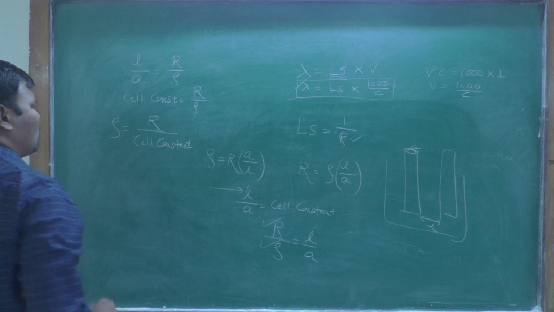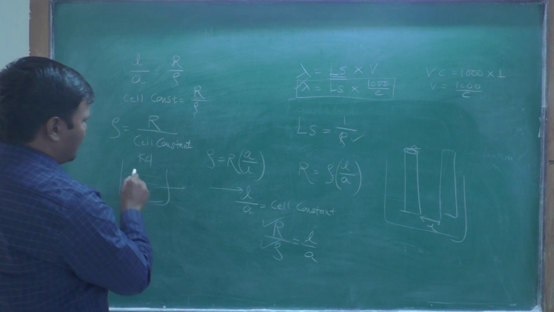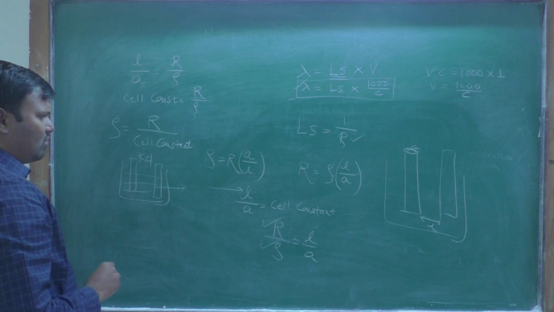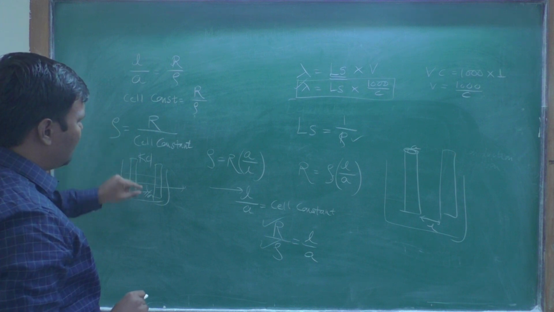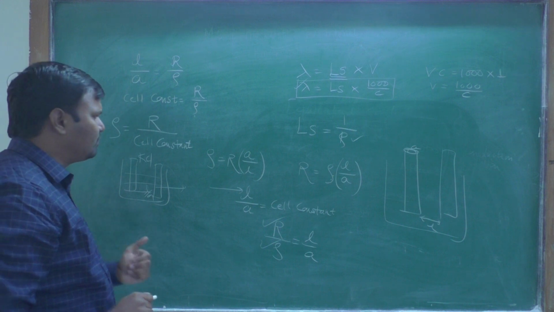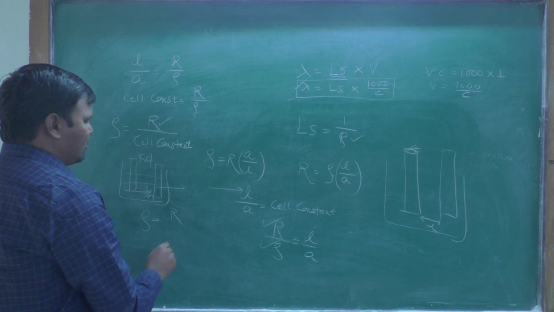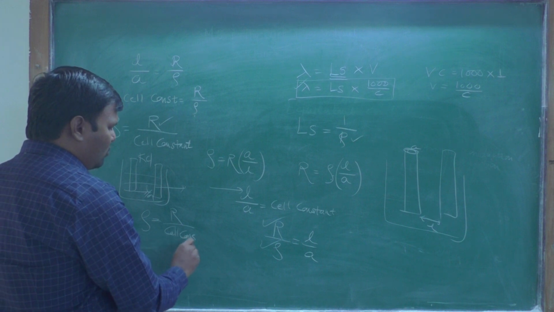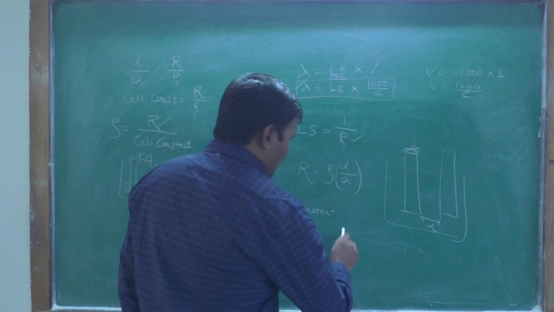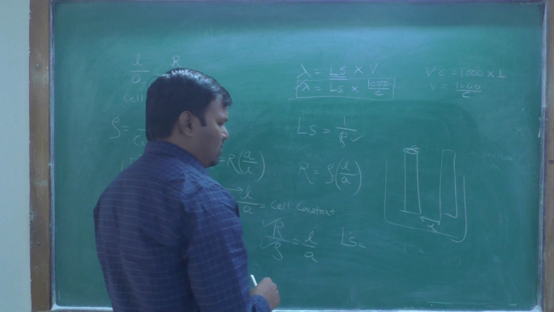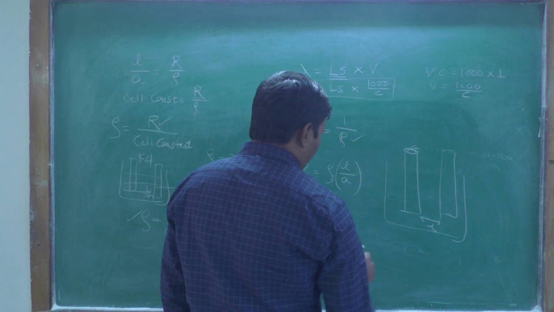For the rho calculation we take a KCl solution of particular concentration, and its cell constant L upon A is also known, found out beforehand. Then the resistance can be measured using the instruments. Since resistance is measured and the cell constant is known, rho can be calculated. Then the specific conductance Ls can be calculated by the formula 1 upon rho.